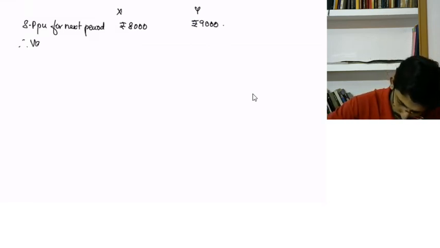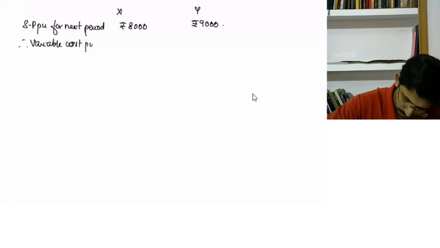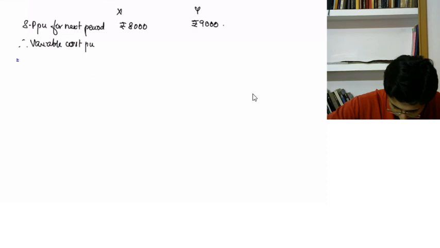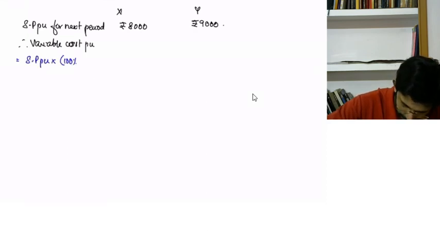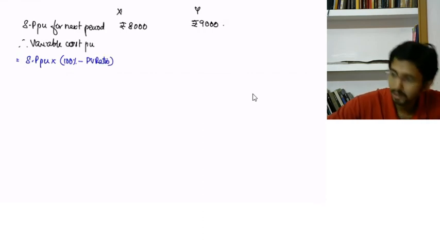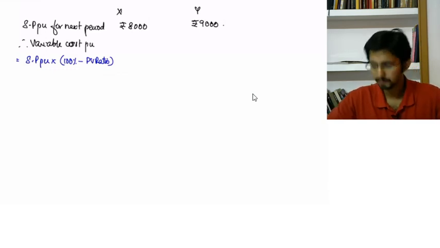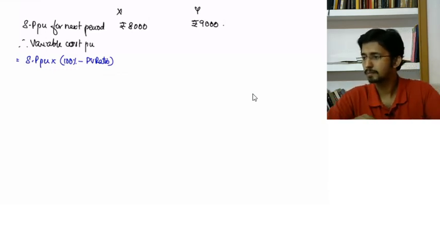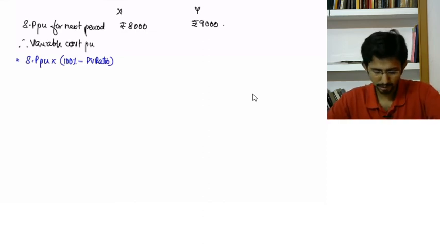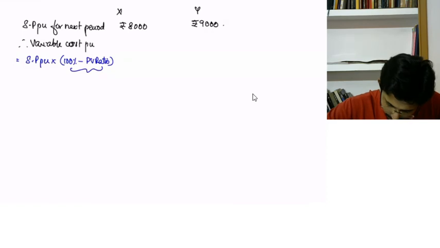Therefore, variable cost per unit is equal to selling price per unit into 100% minus PV ratio, which is nothing but the variable cost ratio.